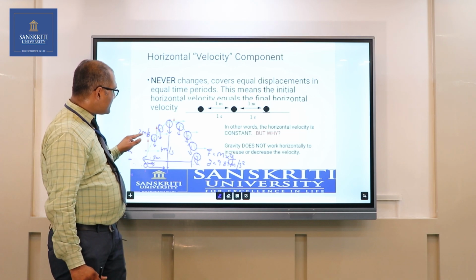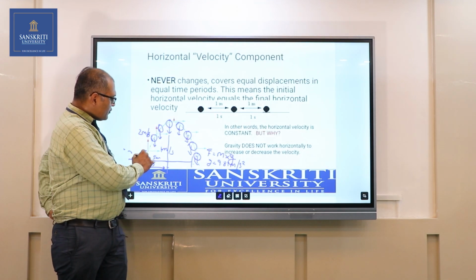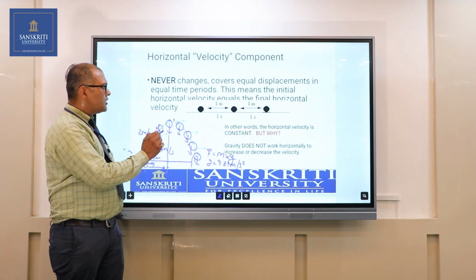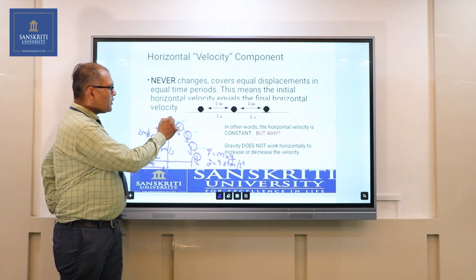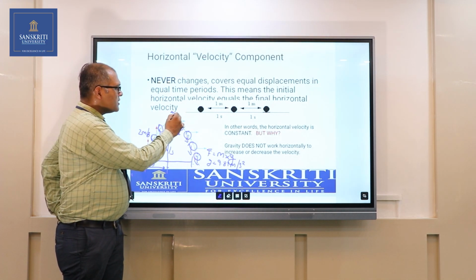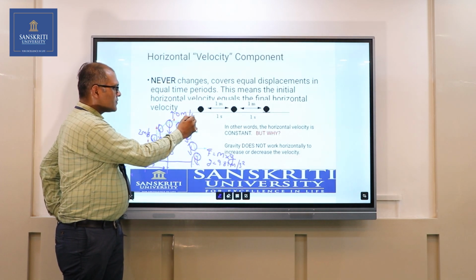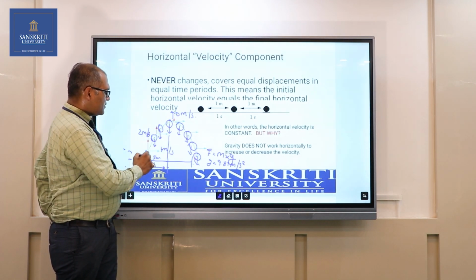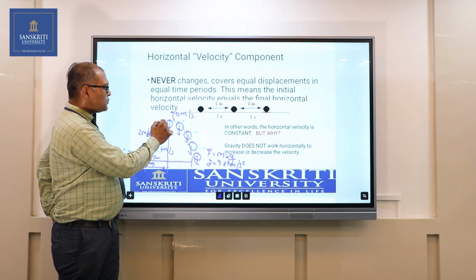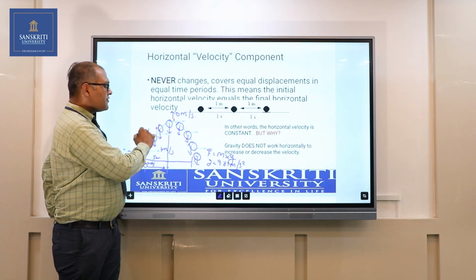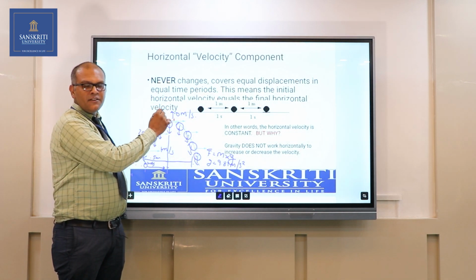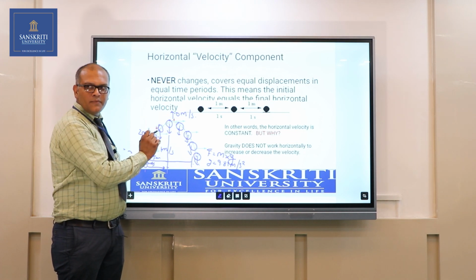Other part which is to be seen is the vertical velocity. Suppose it is 2 meters per second initially when it is thrown. At the highest point, the vertical velocity becomes 0 meters per second. So between the lowest point and the highest point, the vertical velocity is continuously changing from 2 meters per second to 0 meters per second.